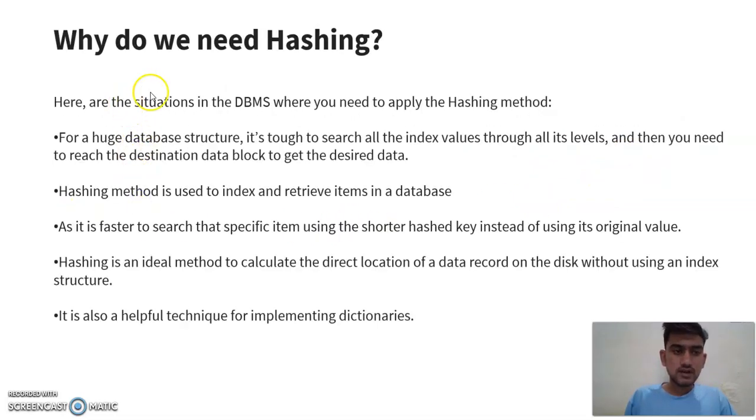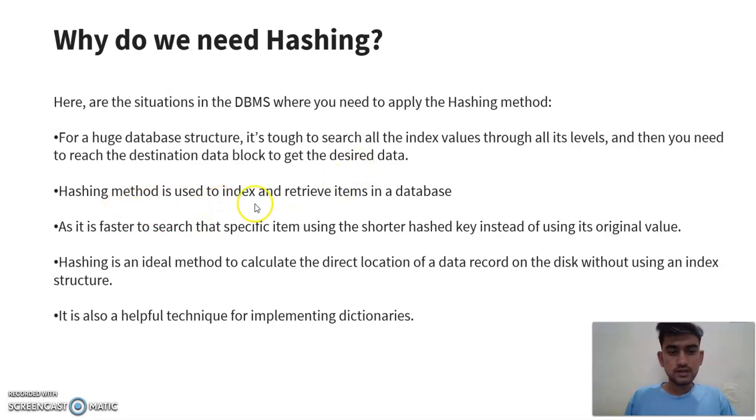So why do we need hashing? Here are the situations in database management systems where we need to apply the hashing method. For a huge database structure, it is tough to search all the index values through its levels, and then you need to search the destination data block to get the desired data.